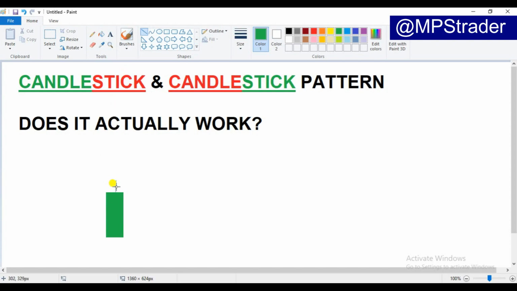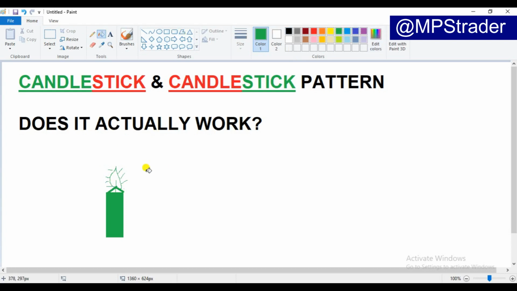So in real life the candle looks this way, right? We just burn, meaning we just light the tip of the candle and it gives us a ray of light. So this is a candle in real life.